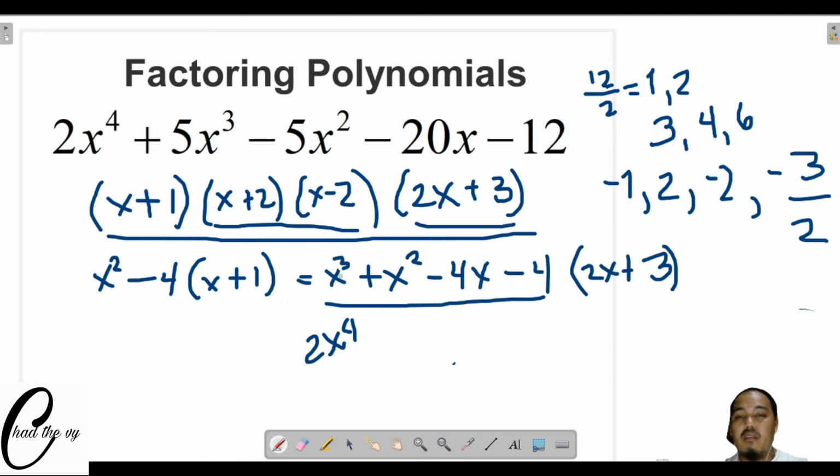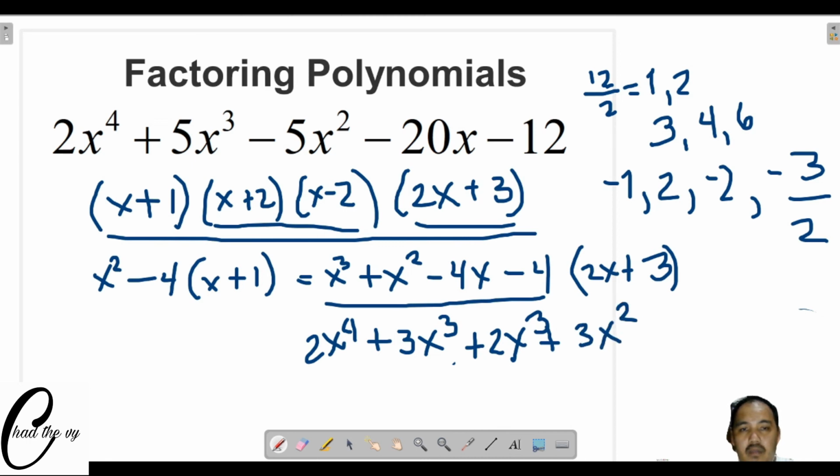Then, x raised to 3 times 3 is 3x raised to 3. Then, x squared times 2x is 2x raised to 3. Then, x raised to 2 times 3 is positive 3x raised to 2.